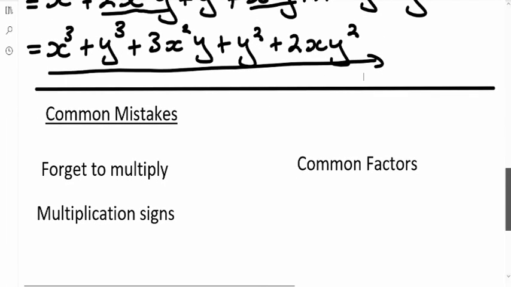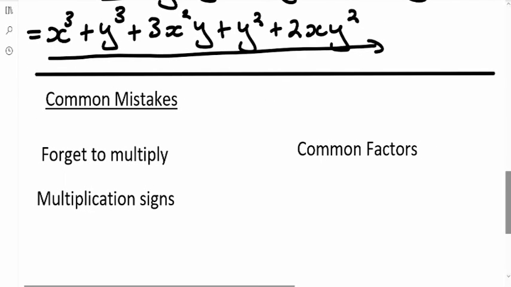Some common mistakes that I've seen in students when it comes to products is that students forget that they are constantly multiplying. You're not using any other maths operation. You are only applying multiplication rules, which means that you need to revise the basic algebra rules of multiplication.